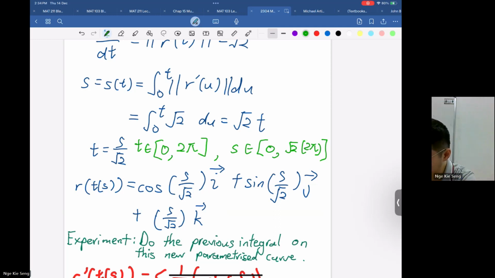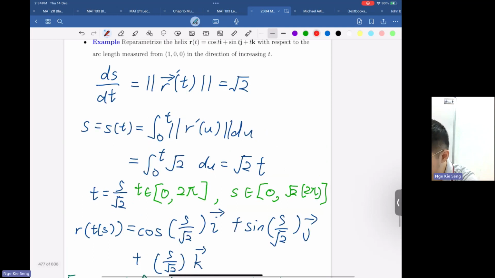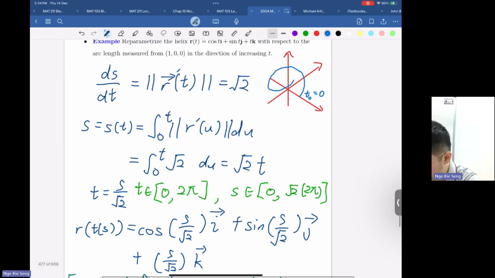Okay, so let me draw it here. Let's draw what I am doing. Just now we have a helix like this going up, right? And then we take t0 equals 0, and t1 equals 2 pi.